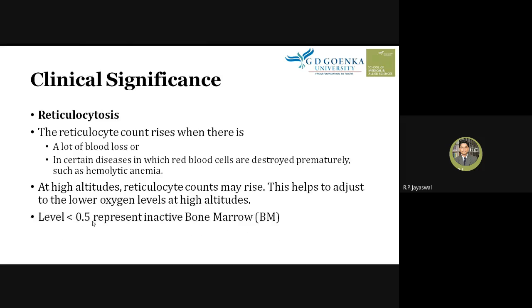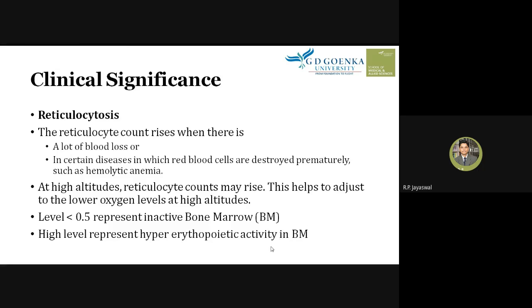A level less than 0.5% represents inactive bone marrow. When bone marrow is inactive, the reticulocyte count may be less than 0.5%, and a high level of reticulocyte count may represent hypererythropoietic activity in bone marrow.